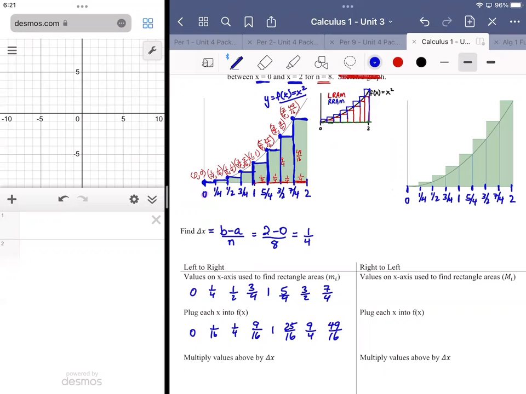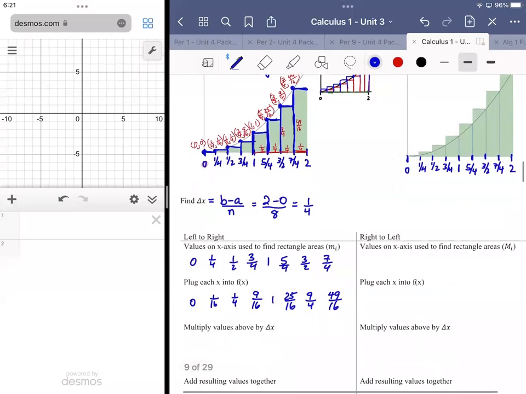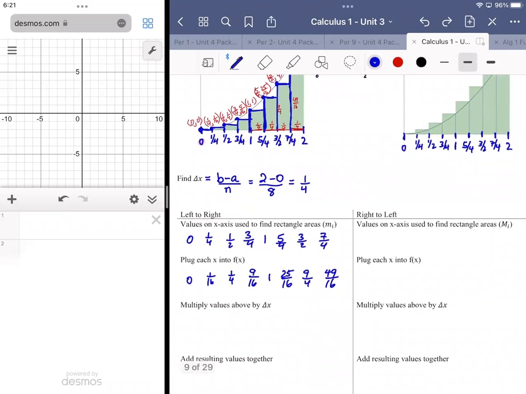Then multiplying each of those values by delta x would give us the area of each individual rectangle. I could take each one of these values and multiply it by 1/4, or since I have to add them all up later anyway, maybe I add up all these values and then multiply by 1/4 later on. You have a choice in the matter, but we'll follow the instructions. 0, 1/64, 1/16, 9/64, 1/4, 25/64, 9/16, 49/64.